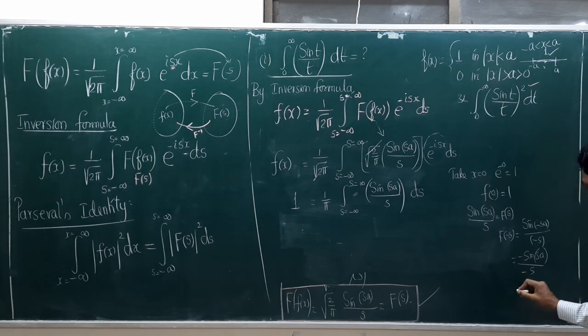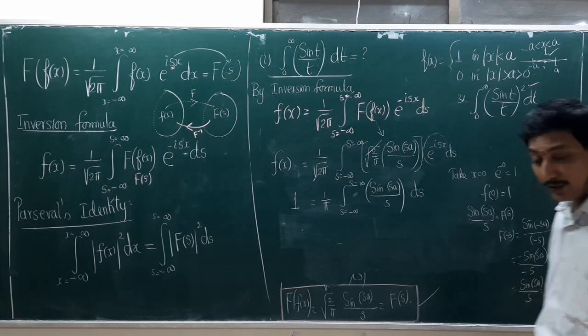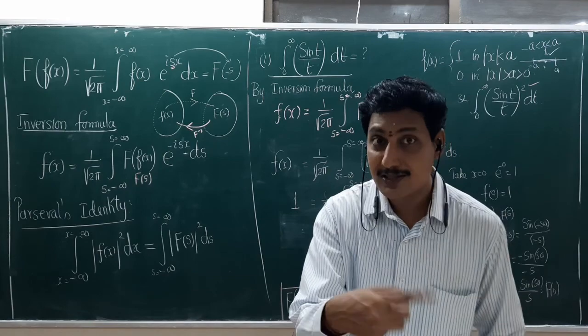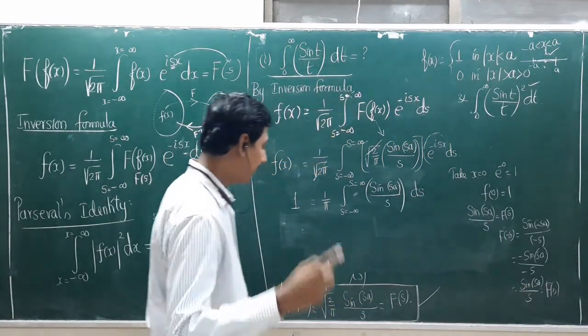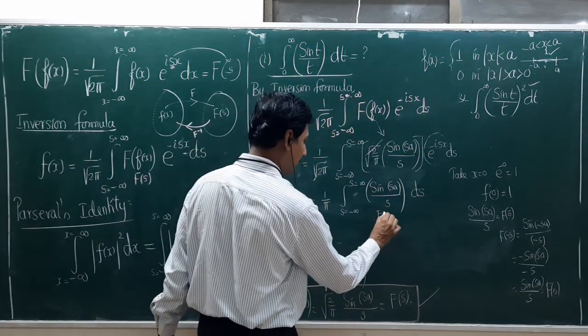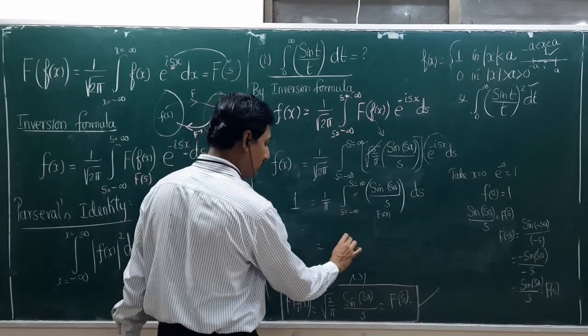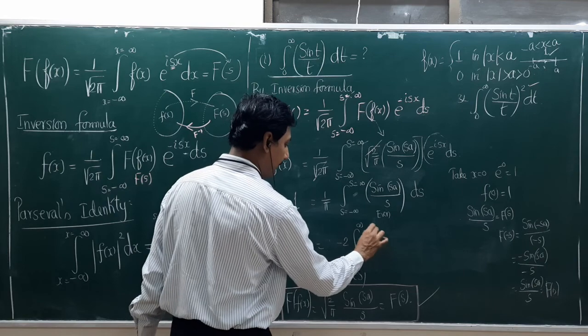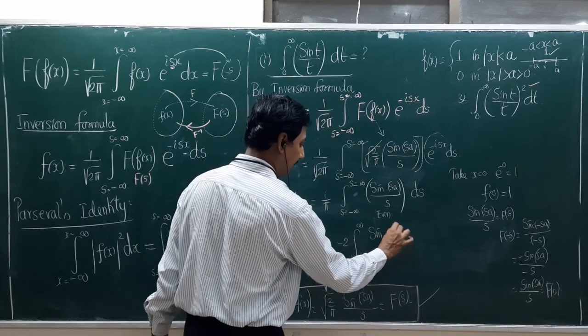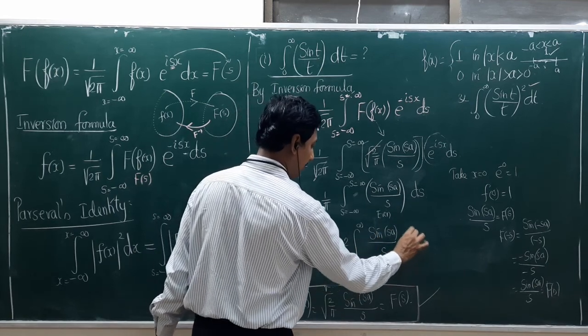After cancellation of the minus signs we get sin sa by s, exactly equal to the given f of s. Once f of minus s equals f of s, the function is called an even function. Once it is an even function, minus infinity to plus infinity becomes twice the integral 0 to infinity of sin sa by s ds.